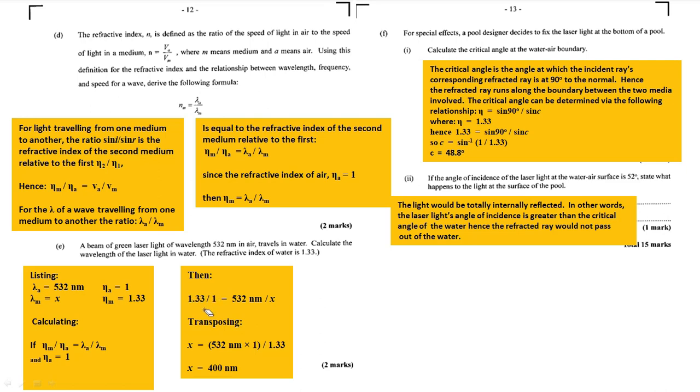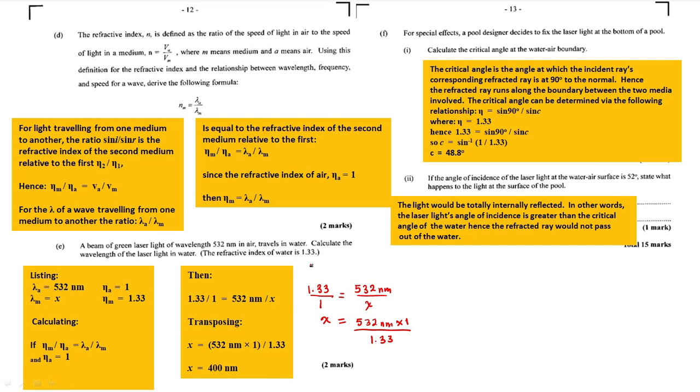We just substitute and transpose. So we're going to have 1.33 divided by 1 equal to 532 nanometers over x. We're solving for x, so x will be equal to 532 nanometers times 1 over 1.33, and you will get 400 nanometers.